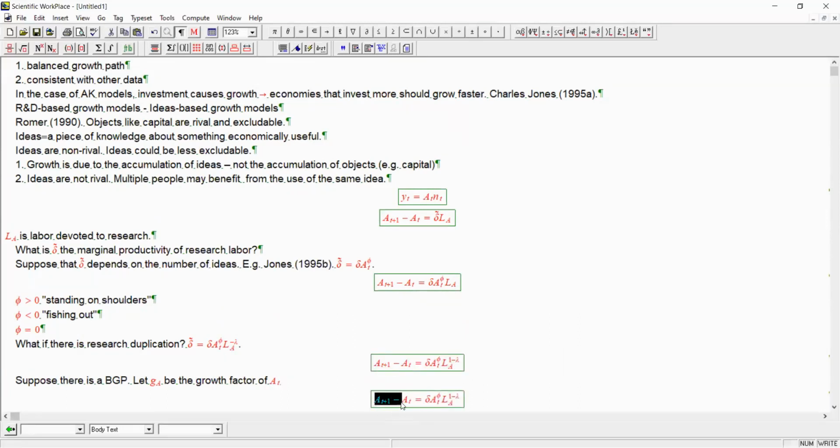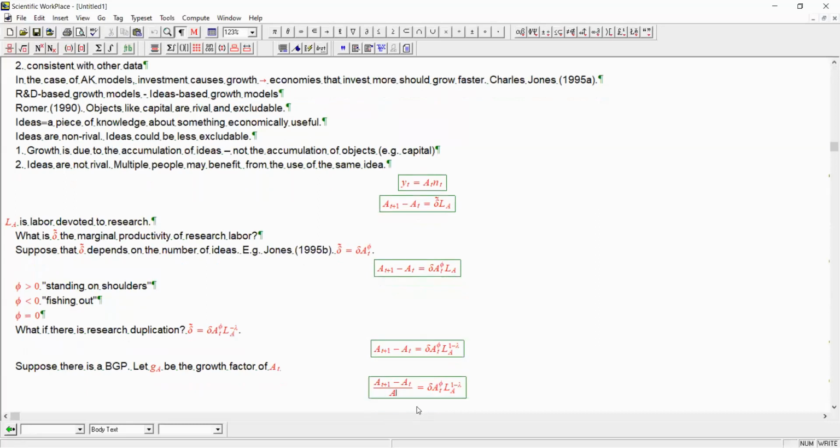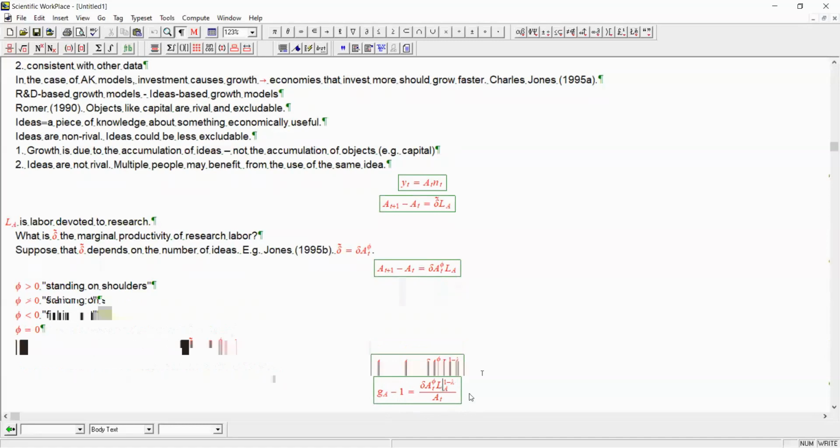If we divide both sides by A, we get, of course, the growth factor of A is this divided by this. So we get G of A minus 1 is equal to this function.